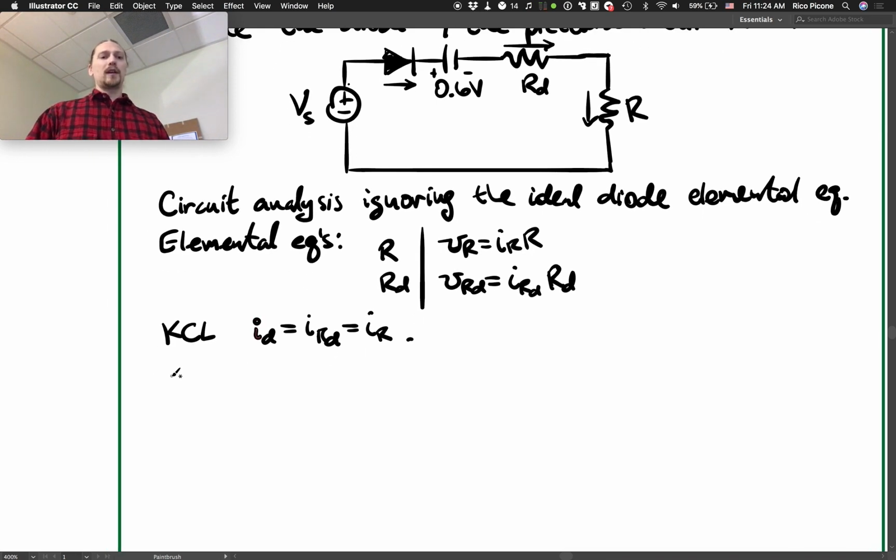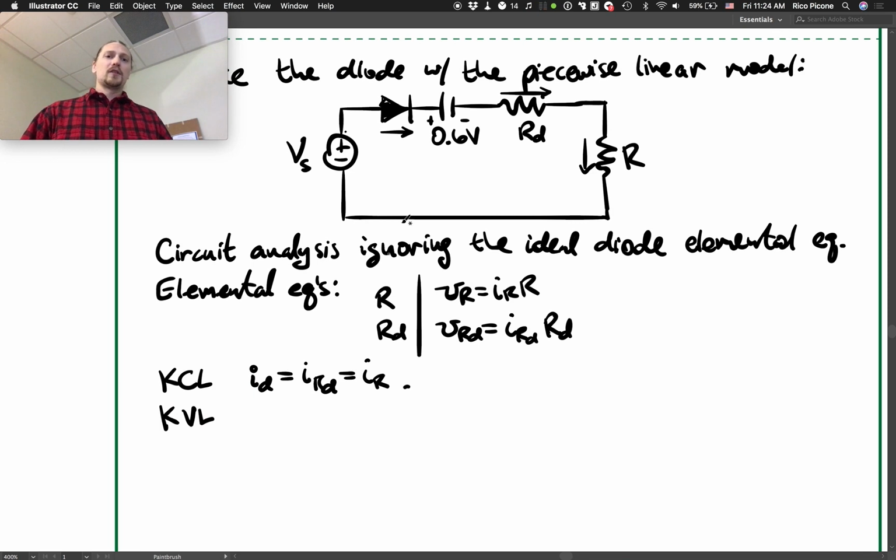Okay, so then we've got KVL. And we've got one loop, right? So there's one KVL equation. So VD, the diode voltage. And then we've got plus 0.6 volts.